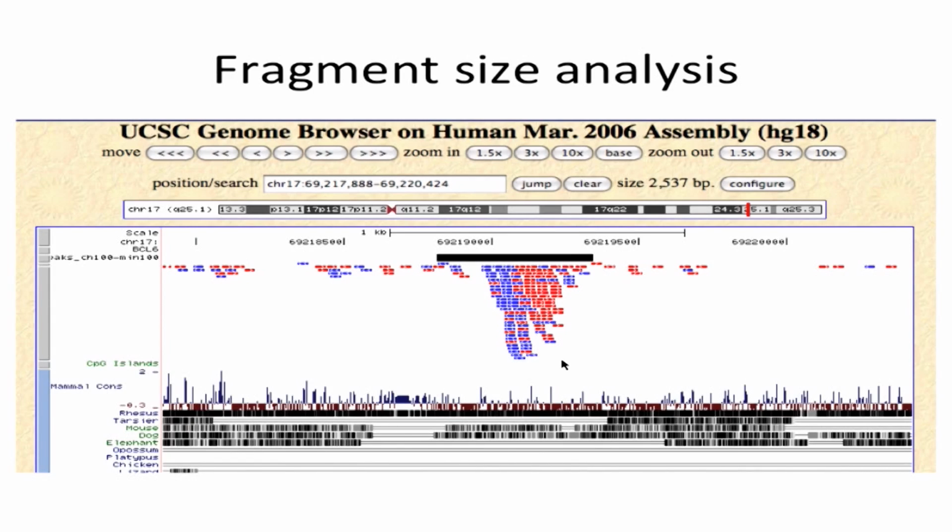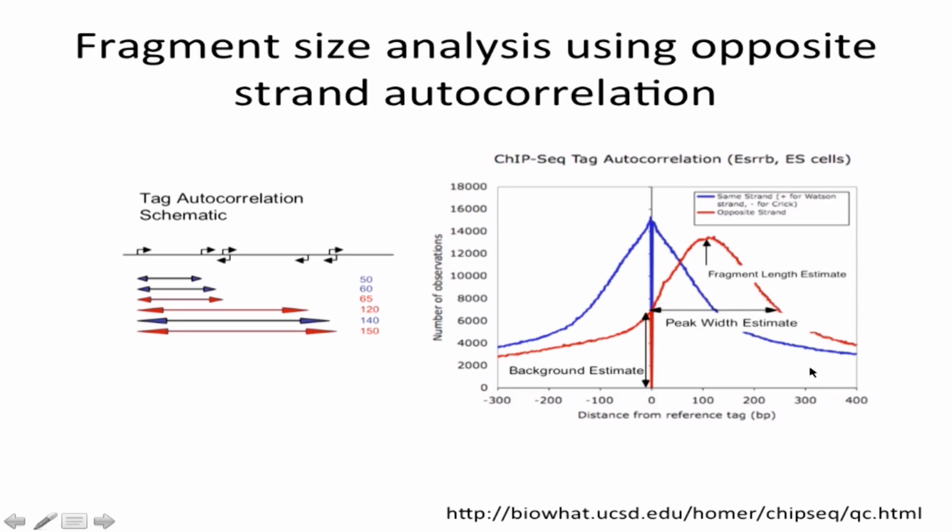So if you do that genome-wide for all of the peaks and all of the reads, you get a distribution like this, and again that allows you to estimate the fragment size. Now this fragment size, as I was telling you, has to be close to what you saw in the gel after sonication.